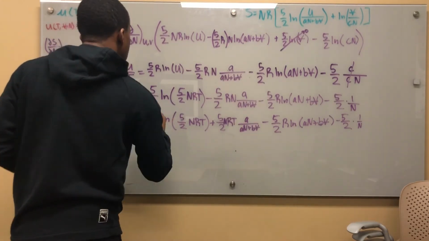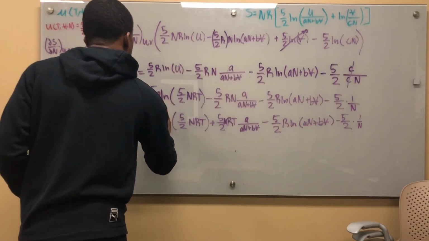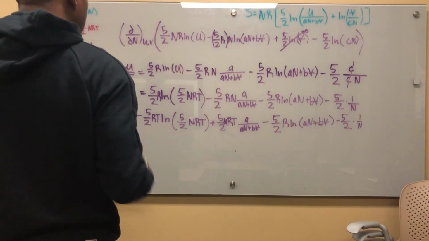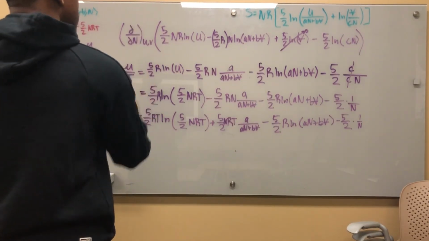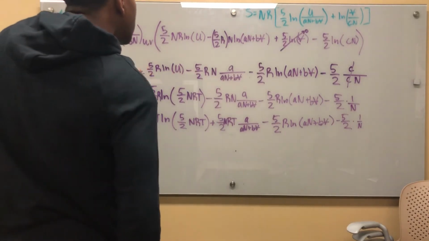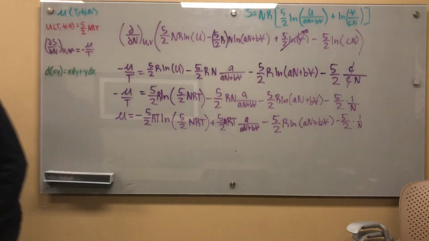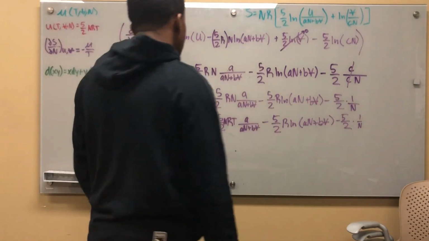Because I pulled out, so this is supposed to be 5 over 2 R ln, right? I'm just trying to see if I did anything wrong anywhere. Let me check my final answer. Yeah, this looks correct. Okay, so this looks correct.